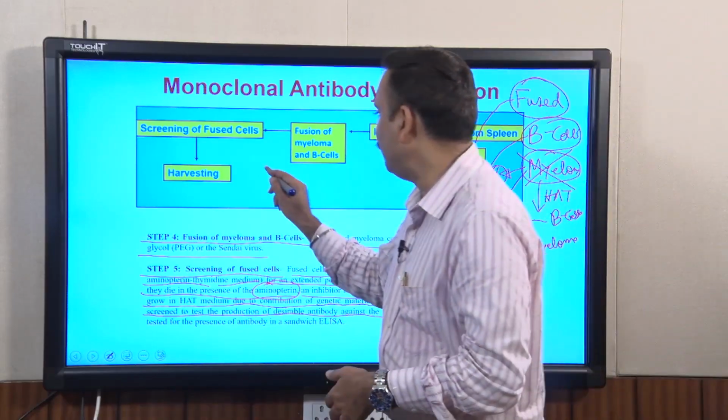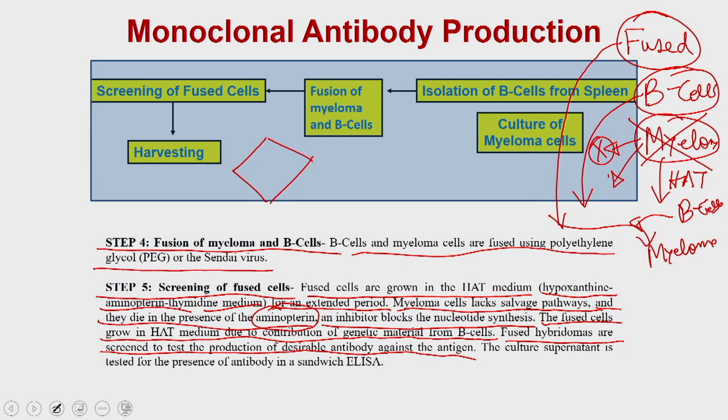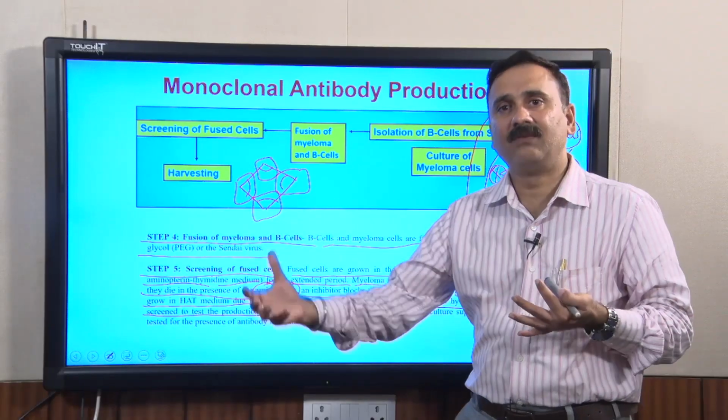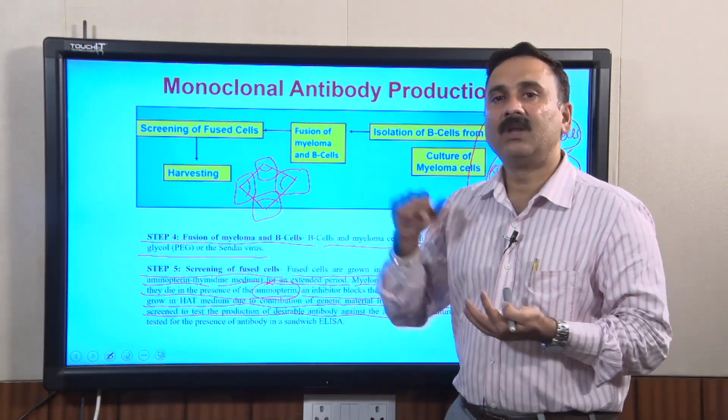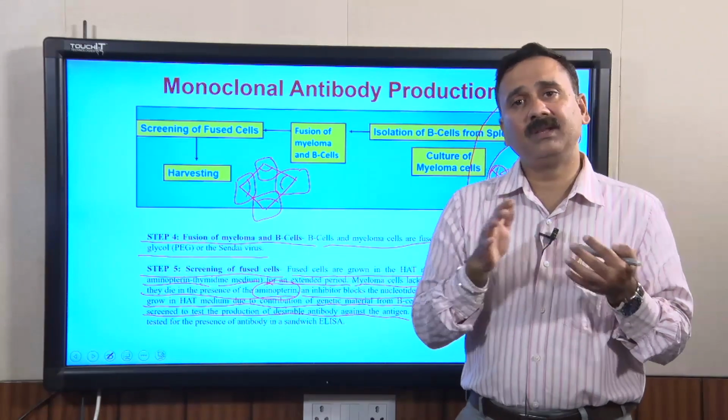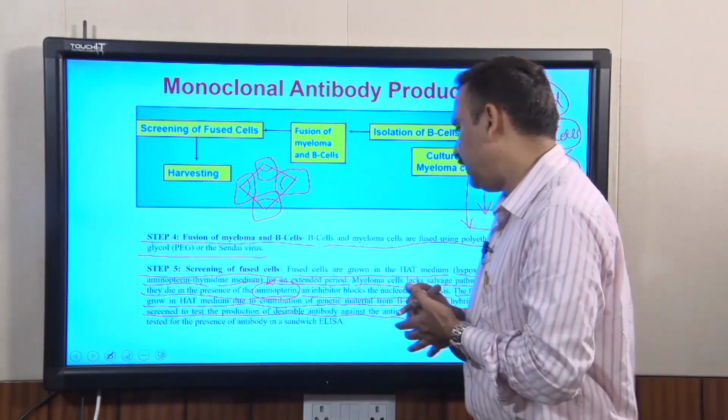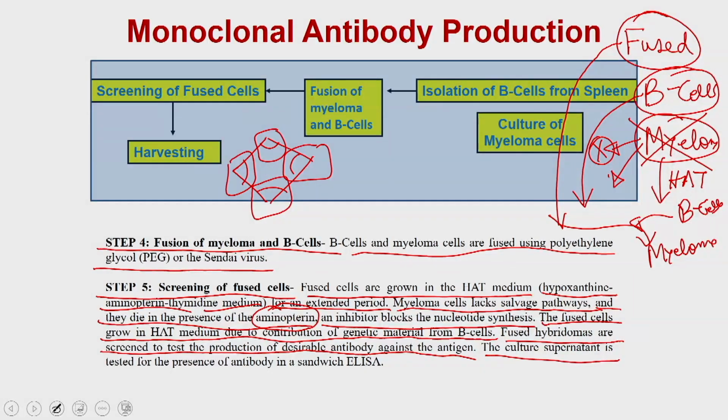For example, if you have an antigen like this, you could have 4 different types of epitopes, and these 4 epitopes can give you 4 different types of monoclonal antibodies. That is why it is important to use the antigen as a screening material, and why you screen the hybridomas to further select those which produce the desired antibodies. So, you can get 4 different types of monoclonal antibodies from a single antigen. The culture supernatant is tested for the presence of antibodies in a sandwich ELISA.